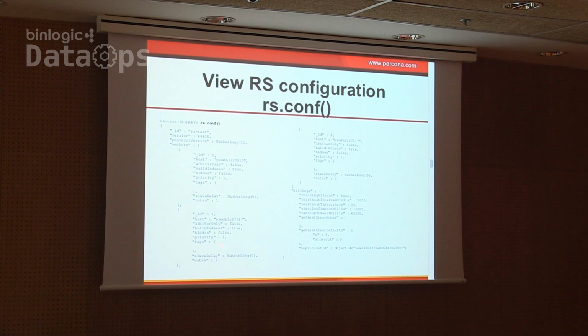And other things, yes, priority 1. By default, we didn't configure any priority, so priority is 1 for every node, and so on. There is other stuff, but at this moment it's not relevant to talk about all this information. So rs.conf is the command to investigate the configuration of the replica set.